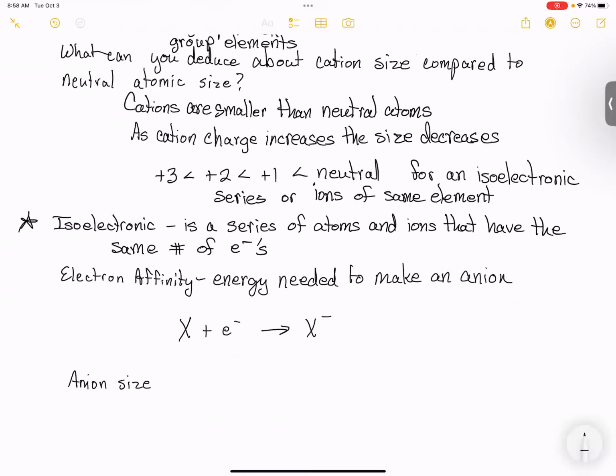Electron affinity is the energy associated with making an anion. In other words, it's the energy required to add an electron to make an anion.